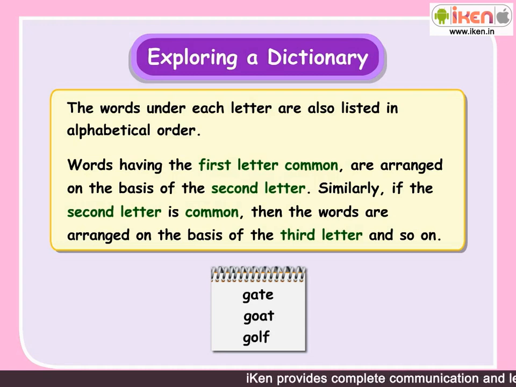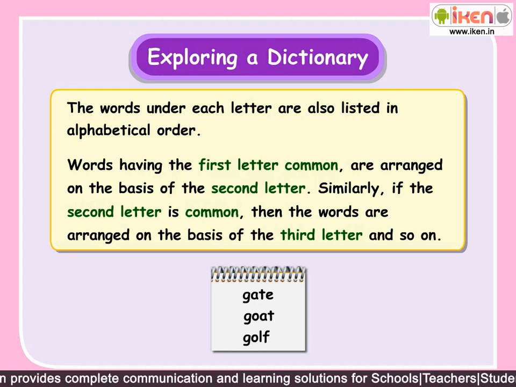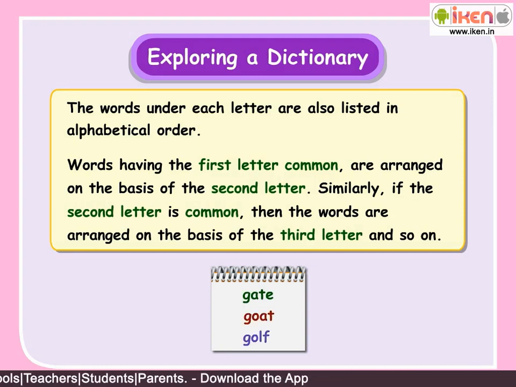These words have the first letter G in common. So, we look at the second letters of these words. In the alphabetical order, the letter A comes before the letter O. Therefore, the word gate will appear before the words goat and golf in the dictionary. Now, let us look at the words goat and golf.